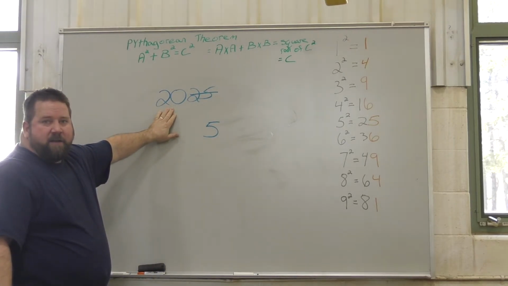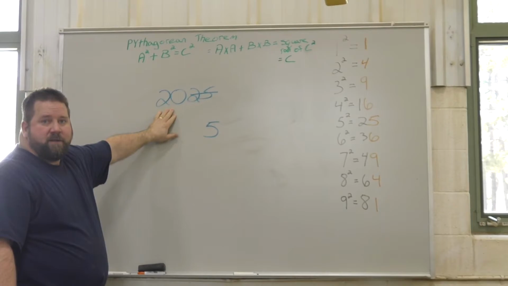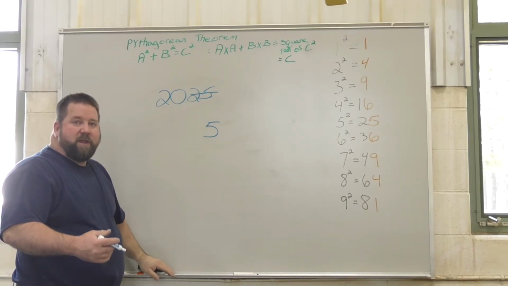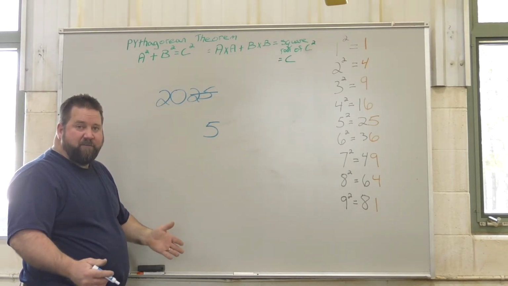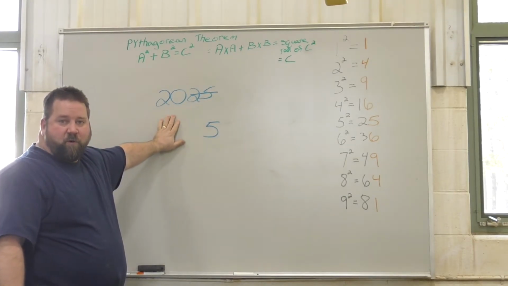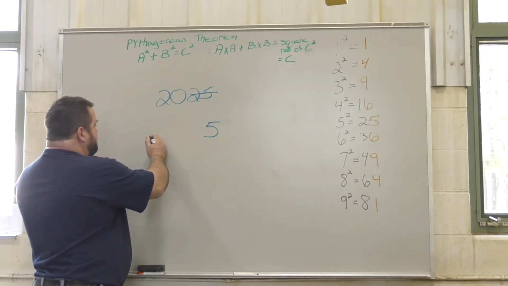Now we have to find a number that is the same or less than 20, the square root of a number. The last problem, we knew that 5 times 5 was 25. 5 squared is 25. That's too large. So we've got to use 4 squared. 4 times 4 is 16.